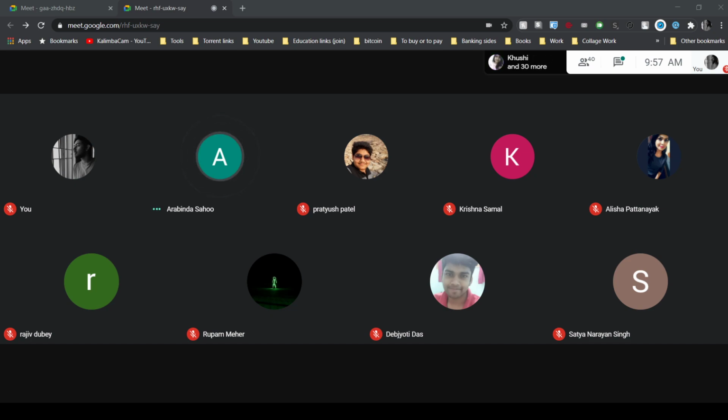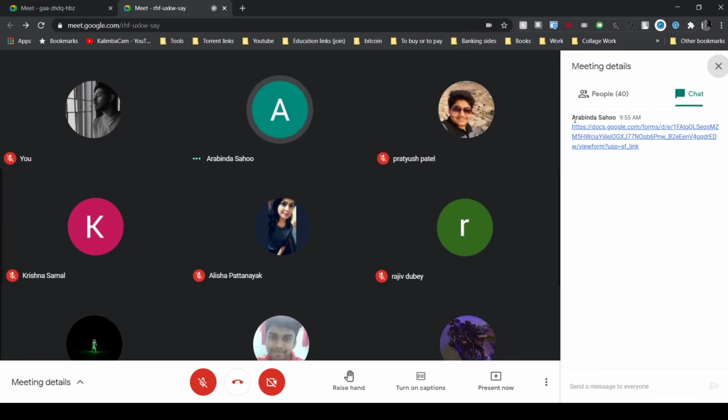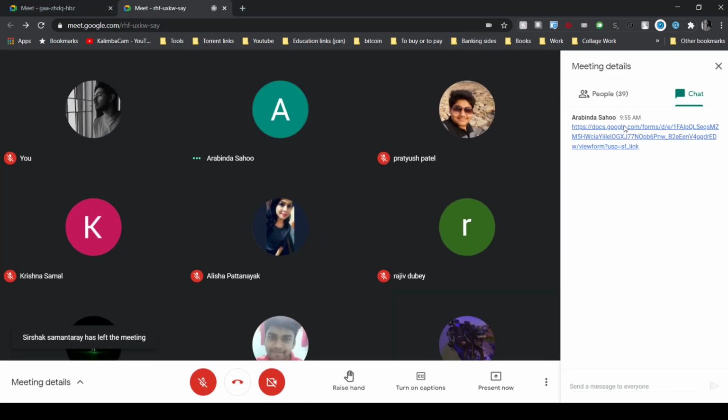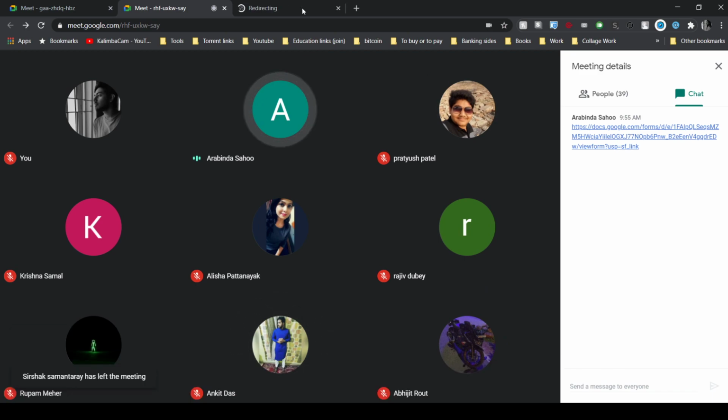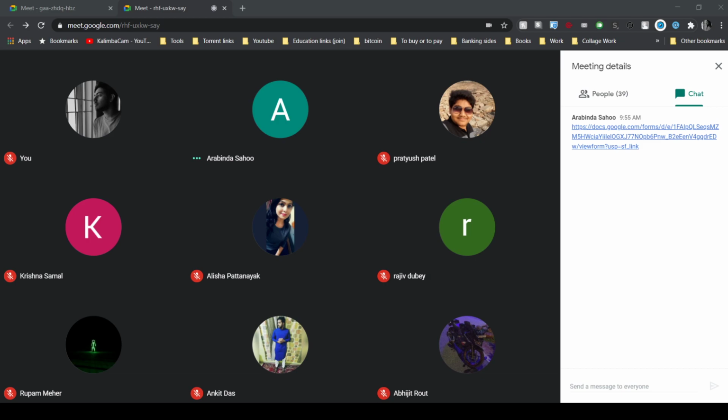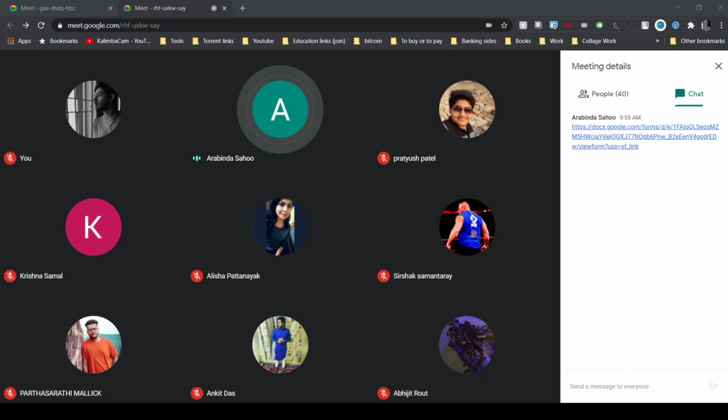Abhijit Raut, present, sir. Ankit Das, present, sir. Partho Sarathi Malik, present, sir. Tanya Jha, present, sir. Asutosh Mishra, yes, sir.